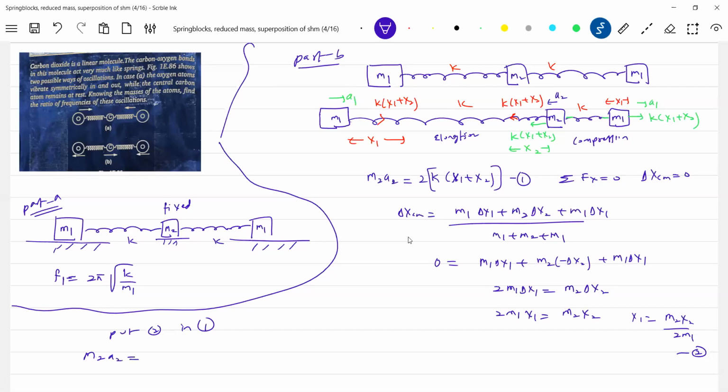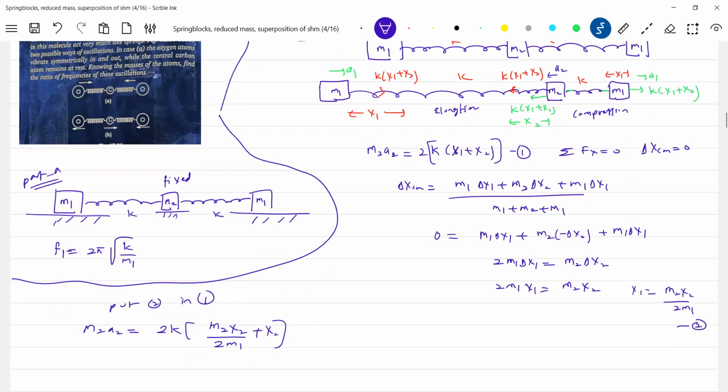After putting 2 in 1, what do we get? M2 a2 is equal to 2K times (M2 x2 by 2 M1 plus x2). Now solving, we have everything in terms of this. So a2 is equal to 2K, the 2 gets cancelled, so this will be K M1 M2 over M2 plus 2 M1.